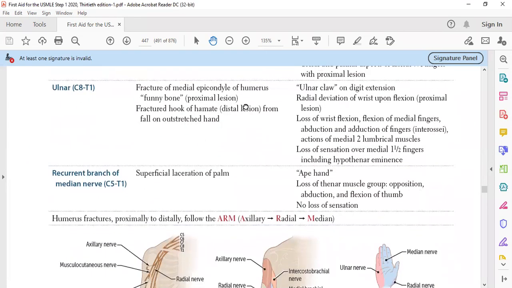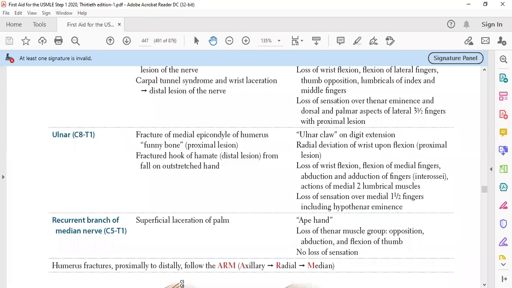So now we have the ulnar nerve, C8 T1. Got it? Here we have fracture of the medial epicondyle of the humerus, the funny bone, where a proximal lesion is caused.